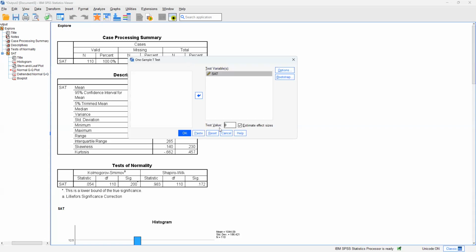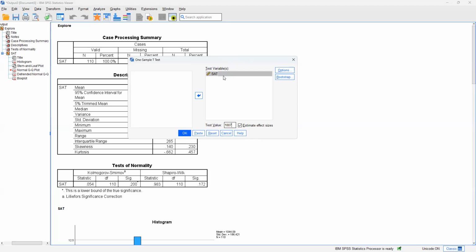So the one sample t-test compares your sample mean to some population mean or a standard or a criterion. For Illinois SAT test takers in the year in which our data were collected, the average for Illinois students was an SAT score of 1007. So that's what I'm going to enter for the test value, and that's the value it's going to be compared against my sample mean.